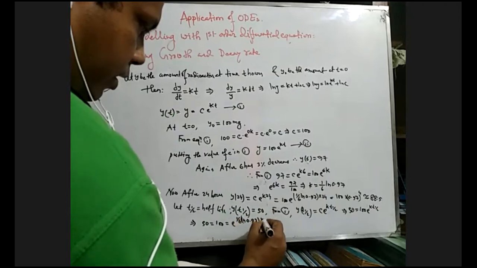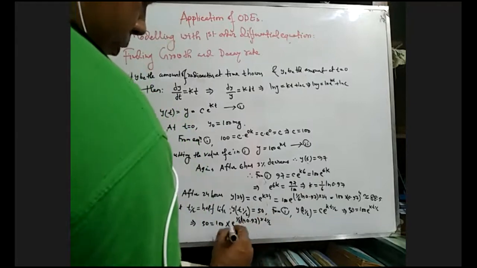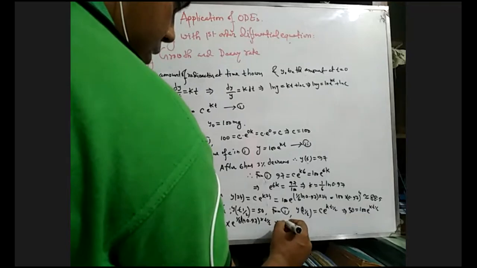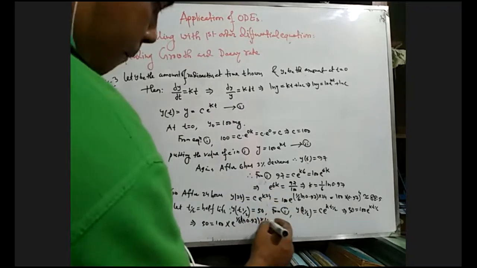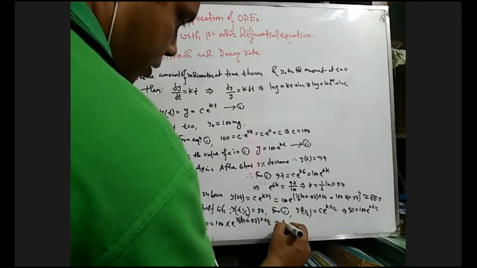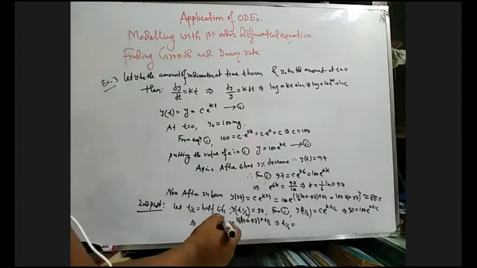Okay, and we have to find out the value of T half. So from this line, we can find T half equals 50 by 100, that means half.